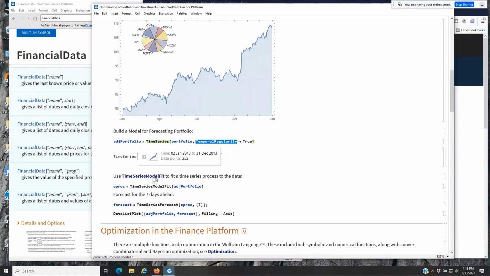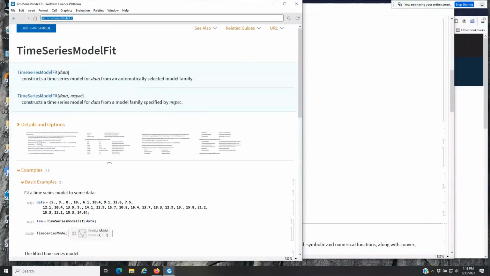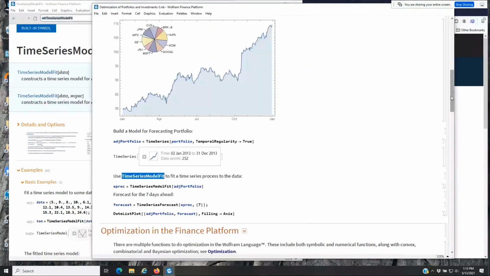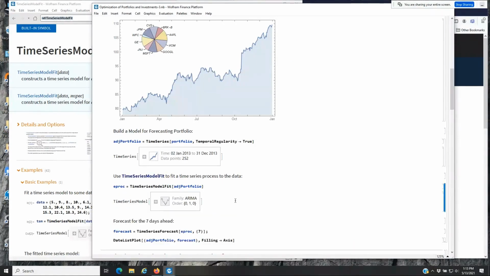So we have an inbuilt function called TimeSeriesModelFit. And what it allows us to do is to take in some data. I can specify a model, or it will just come up with one. In this case, it tells me that this can be approximated by an autoregressive integrated moving average, called an ARIMA model, with 1 degree of differencing.